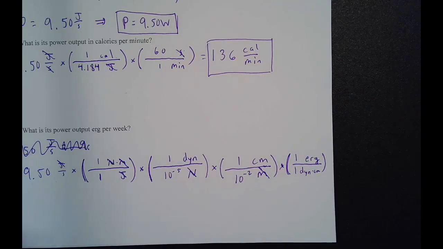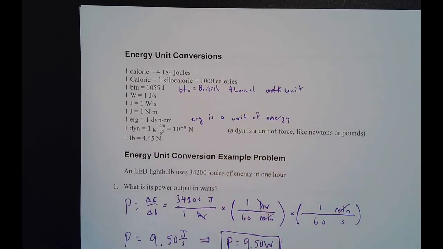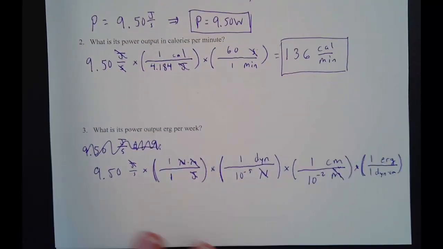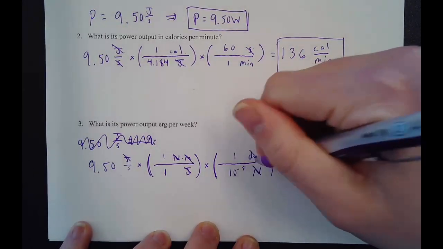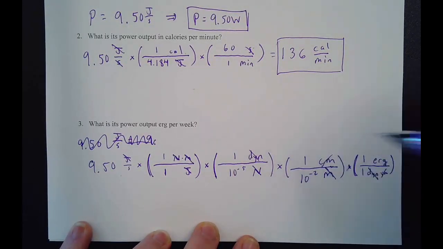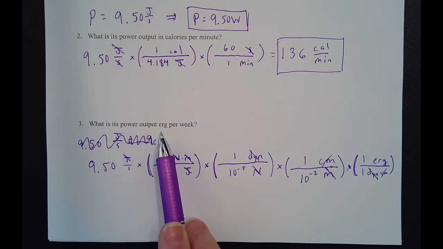That is the definition given up here in this table. So, 1 erg is 1 dyne centimeter. Dyne cancels with dyne. Centimeters cancel with centimeters. Even though dyne is a new unit and erg is a new unit, the rules for unit conversion are still the same. And I have erg per second now. So I'm done converting the energy from joules to ergs.